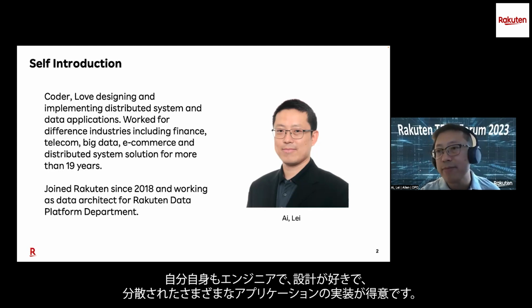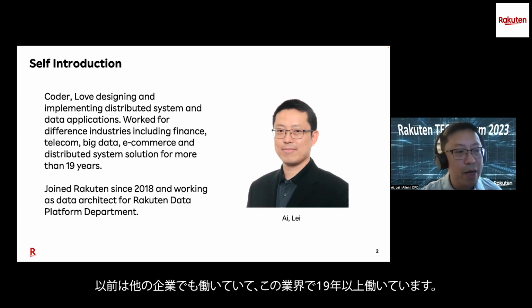I'm a hands-on engineer, so I like designing and implementing big distributed systems and data applications. Before Rakuten, I also worked for some other companies. Till now, I have been working in this industry for more than 19 years.